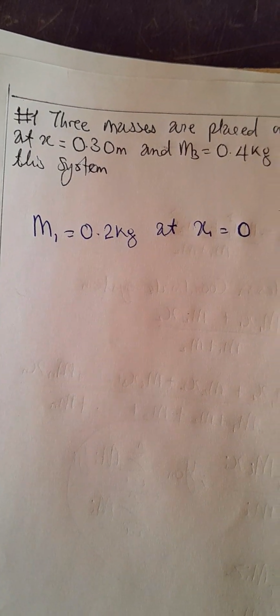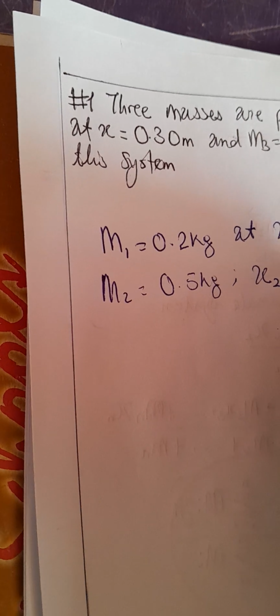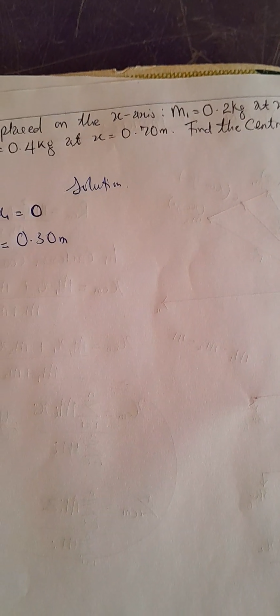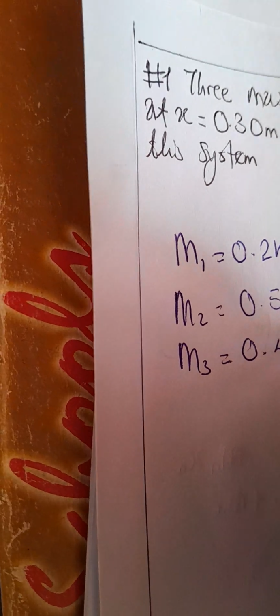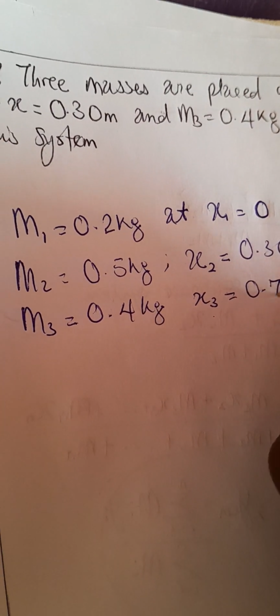And then m2 is 0.5 kg at x equals 0.30 meter. It means m2 is 0.5 kg, and its corresponding position is 0.30 meter. And then m3 equals 0.4 kg at x equals 0.70 meter. So the mass of the third particle is 0.4 kg, and its corresponding point is 0.70 meter. Now we are asked to calculate the center of mass of this system.